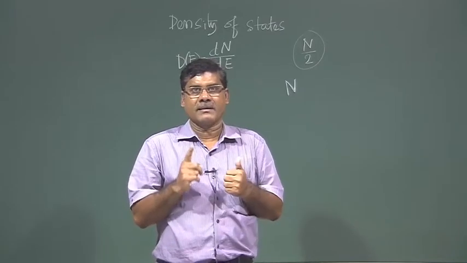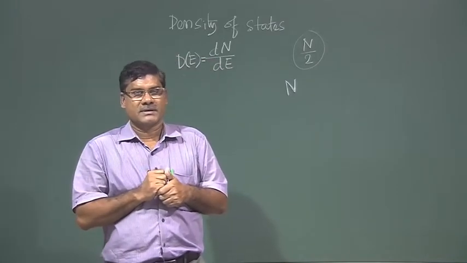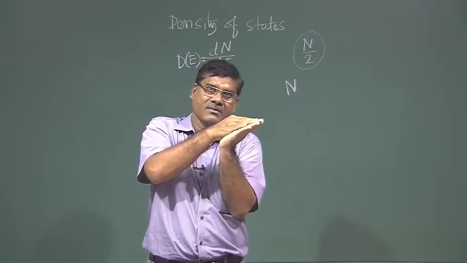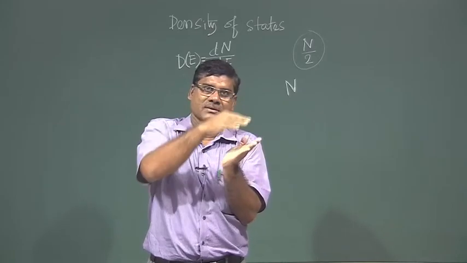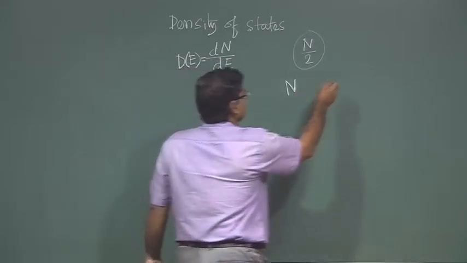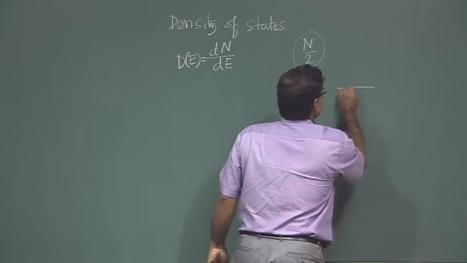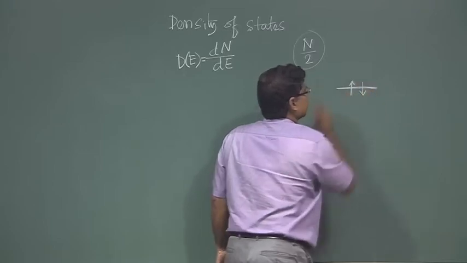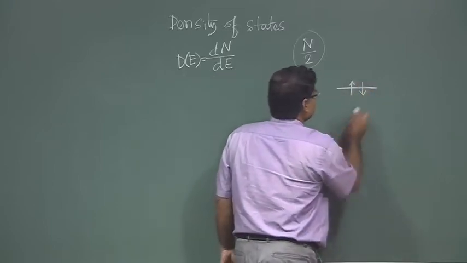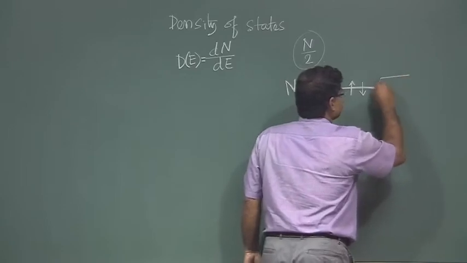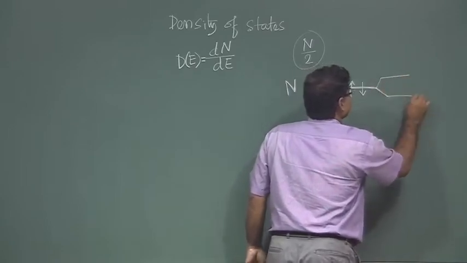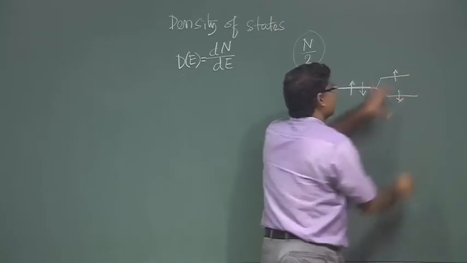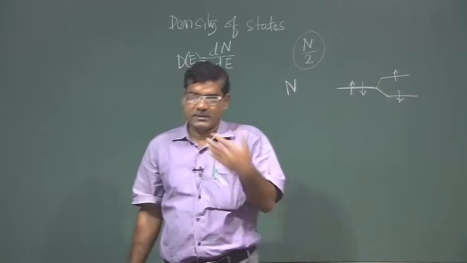Now, if we apply a magnetic field, then the energy that was the same initially, without magnetic field, will be split. So, the energy level splits into 2 and the spin up and spin down are separate now.